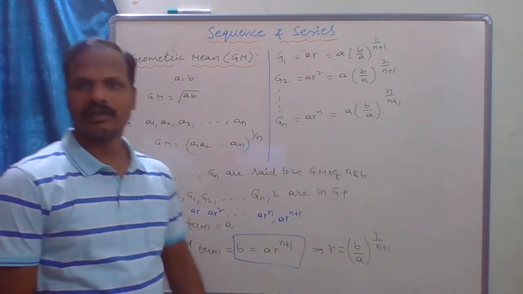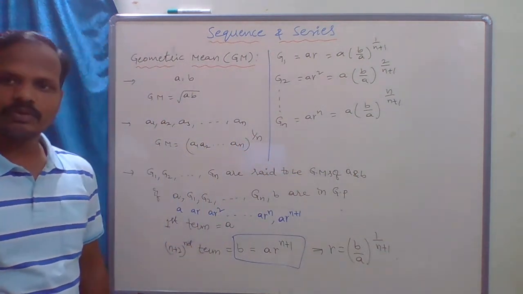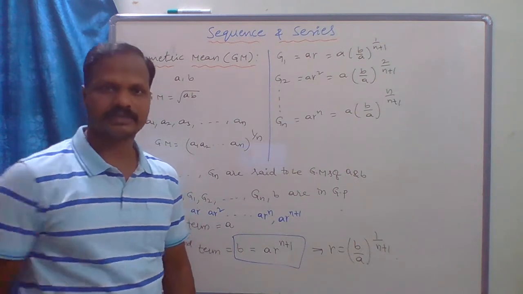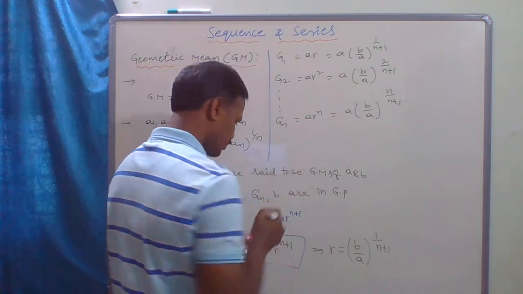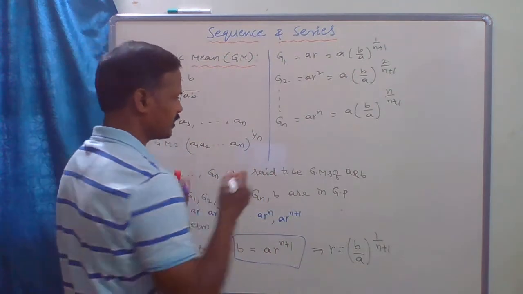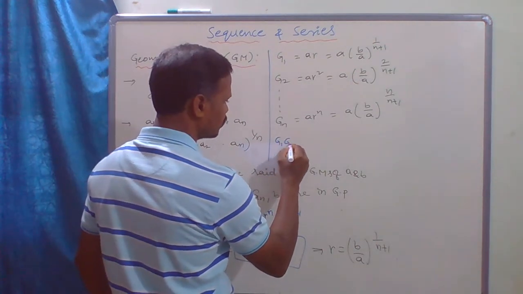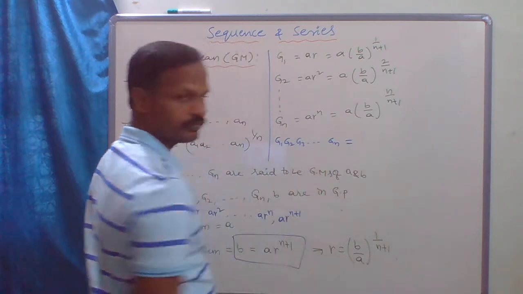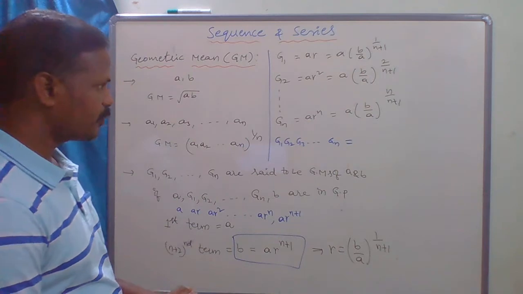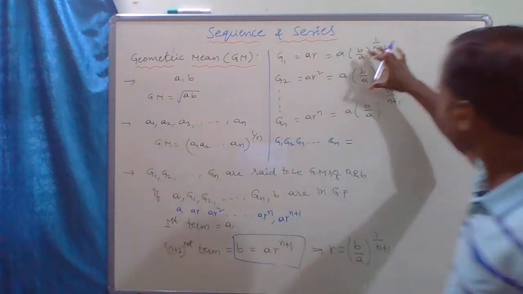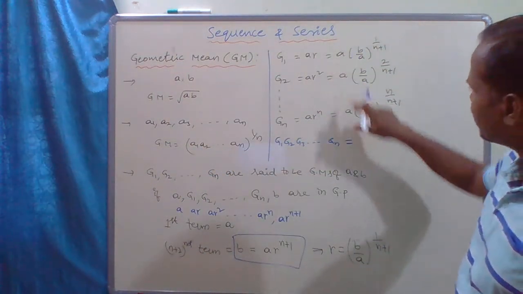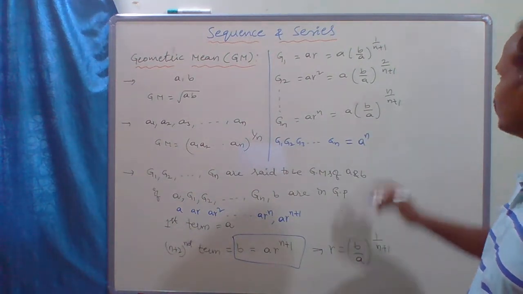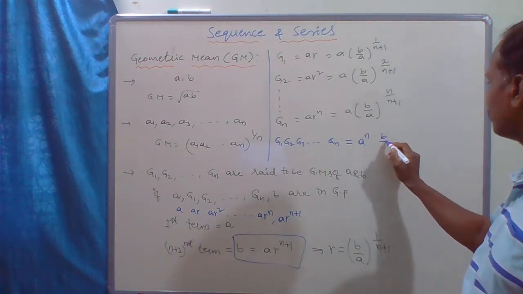Now we are going to calculate the product of the geometric means. So the product of the geometric means, that is G1 into G2 into G3 so on Gn equals, so what is the product of these geometric means? See, multiply all these terms. How many A's are there? N A's are there. So A power n. B by A is common.